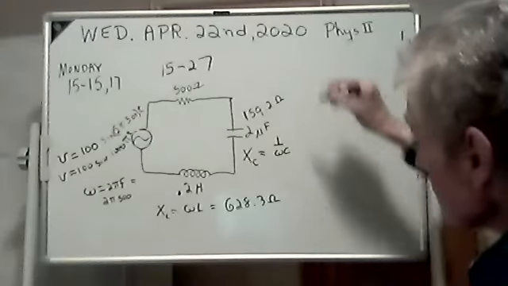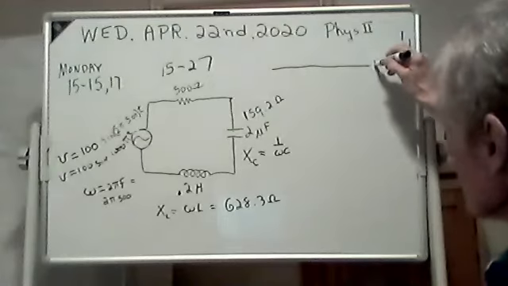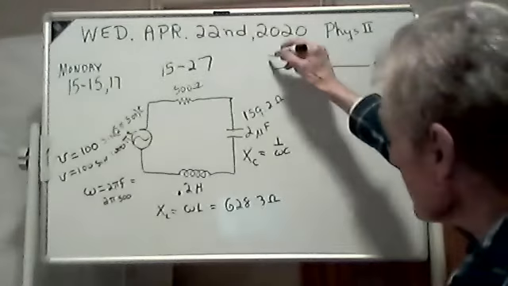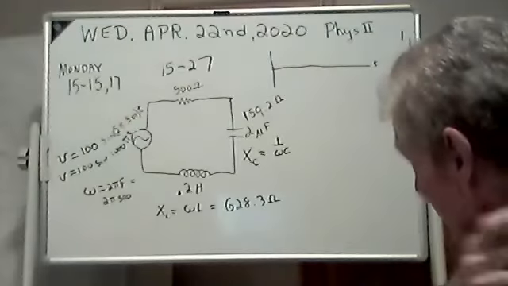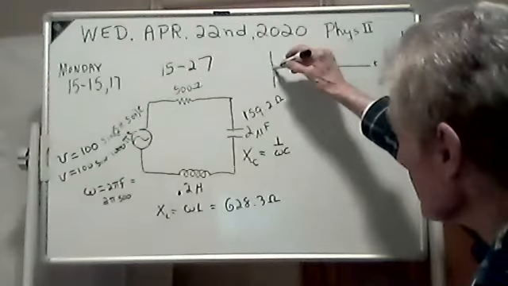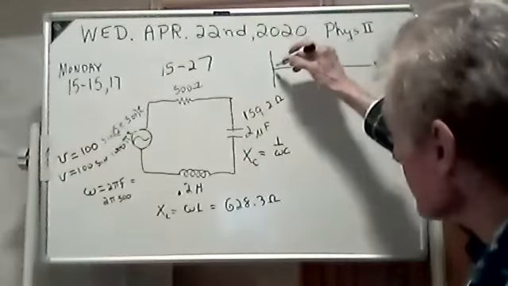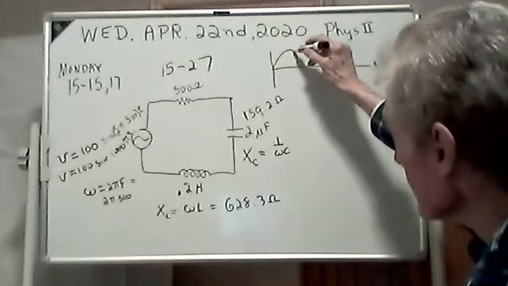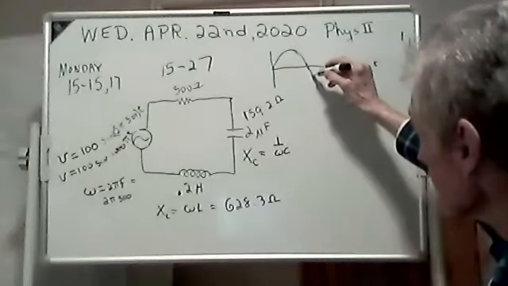And now I need to explain to you about the, somehow I managed to skip this. The voltage in this circuit is a sinusoid, and you all know what sinusoids do. They do this.